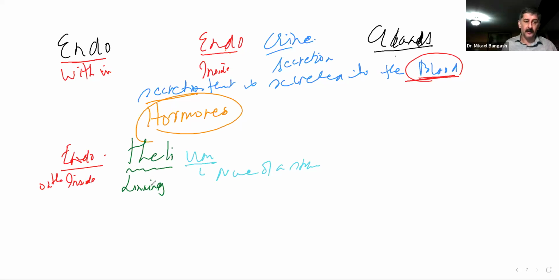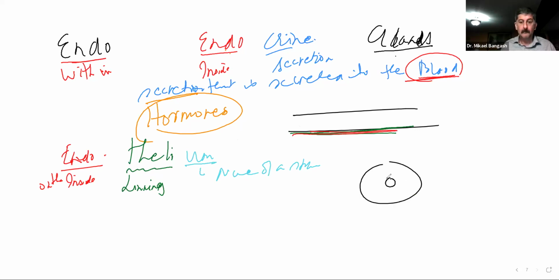So guys, usually in body structures, for instance, it's a passage. Now that innermost layer or lining on the inside of that passage. Let's say we take a cross section of a passage. The layer that you'll find on the inside of this passage is going to be referred to as the endothelium.